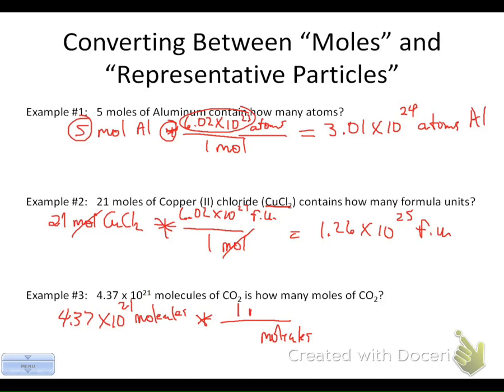This time we're looking for moles, so moles will be on top. And Avogadro's number will be on bottom. So this is a division problem. And the answer for this one comes out to be, to the proper number of sig figs, 0.00726. And the unit is moles.